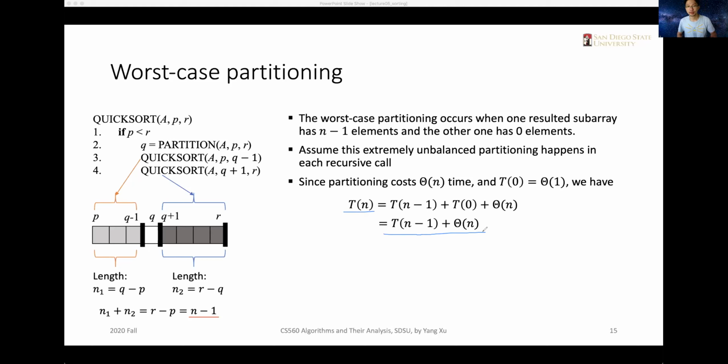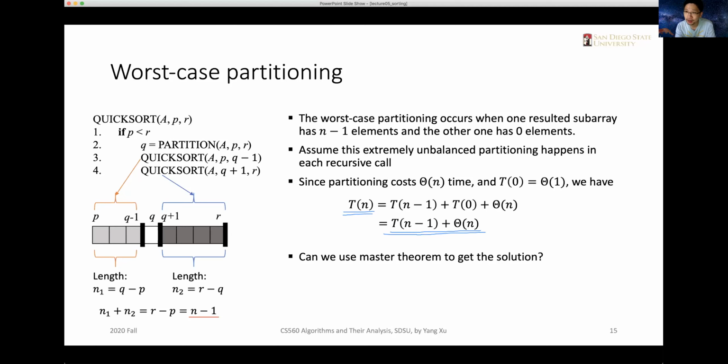Okay, so we need to keep in mind that this is the worst case, because we assume that within each partitioning step, the most unbalanced result is achieved. Okay, so we've got this recurrence. Now we want to solve it. All right. So for this form, we can ask ourselves whether it can be solved by the master theorem.